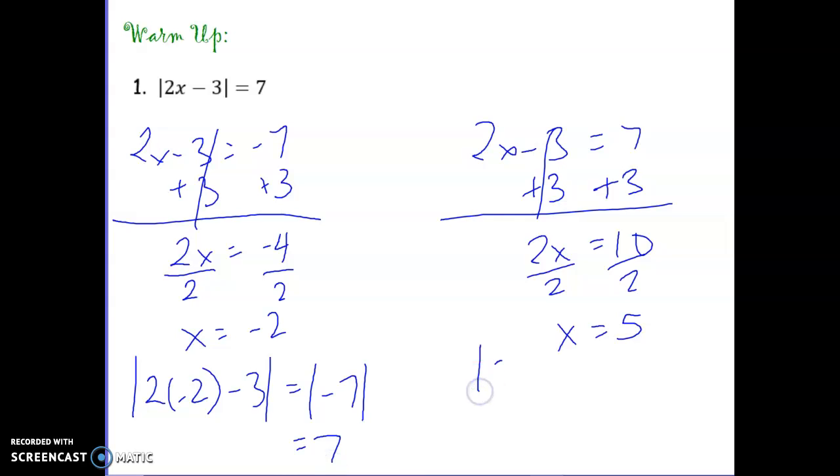All right, let's see what happens when I put in 5. 2 times 5 minus 3, that equals positive 7, and positive 7 is also 7 units away from 0. So it's not that my answers are the same distance away from 0, it's that what happens when I substitute them in are both 7 units away from 0, one to the left and one to the right.